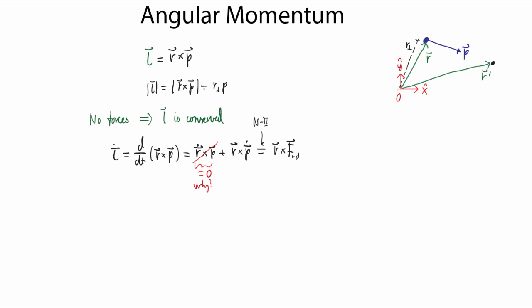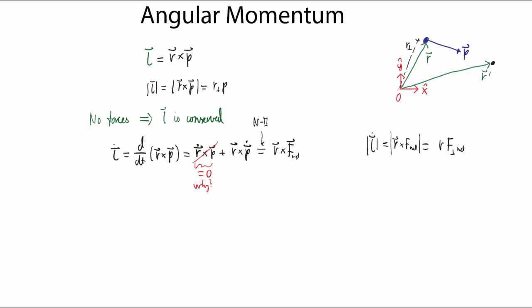Now this force, even if it's present, doesn't necessarily generate a change in the angular momentum, because of the property of the cross product. If you look at the magnitude of L dot, that is r cross f net, that's equal to r times the perpendicular component of f net.